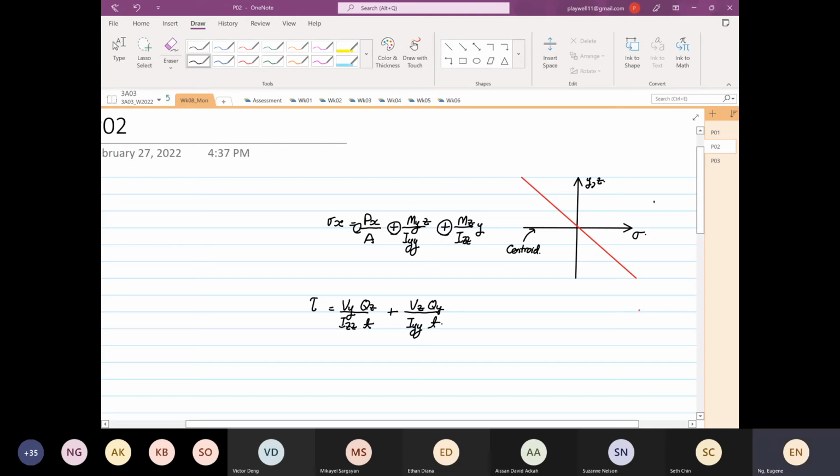So when we plot this out, this is our shearing stress.